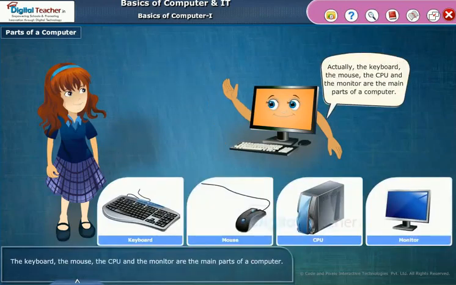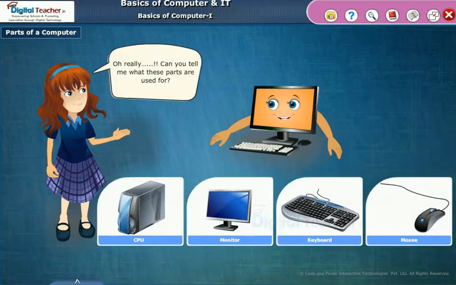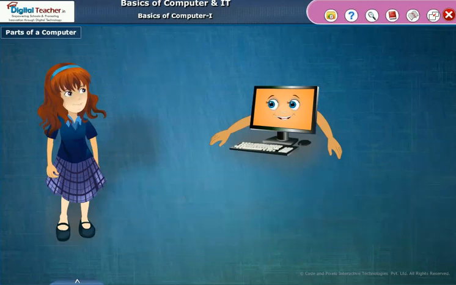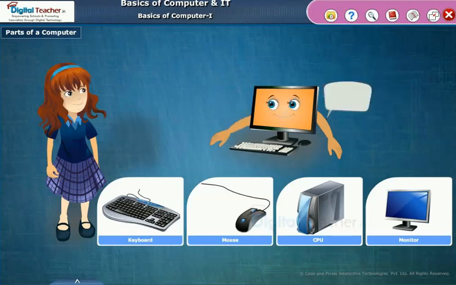Actually, the keyboard, the mouse, the CPU and the monitor are the main parts of a computer. These are the sum of the parts of the computer. Oh, really? Can you tell me what these parts are used for? Sure, Chinky. First, I will tell you what the main parts of a computer are used for.